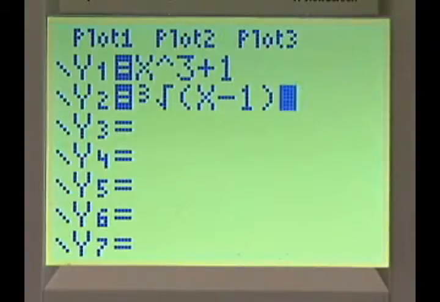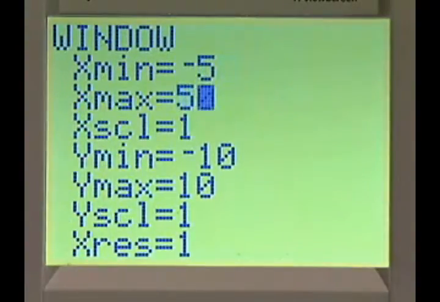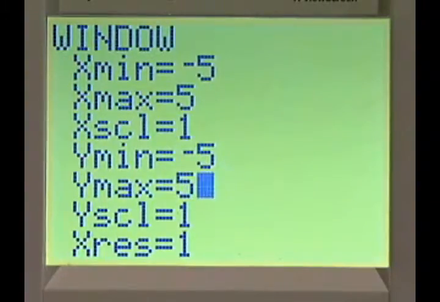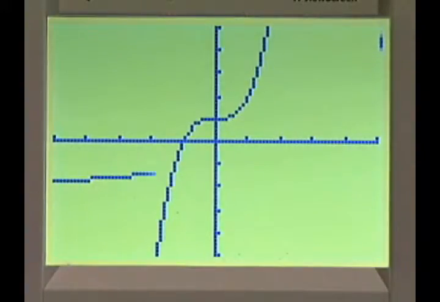We can see these graphs on a standard window, but I'm going to set the window to -5, 5, -5, 5. I think it'll show better what I'd like you to see. There's x cubed plus 1, and here comes the graph of the inverse, the cube root of x minus 1.